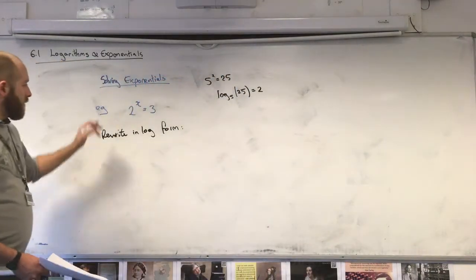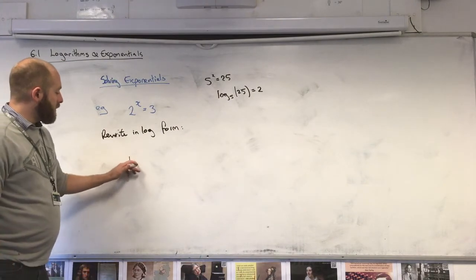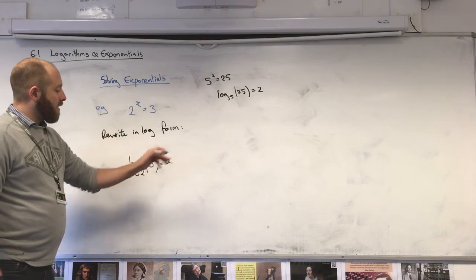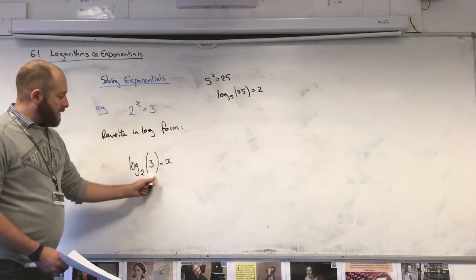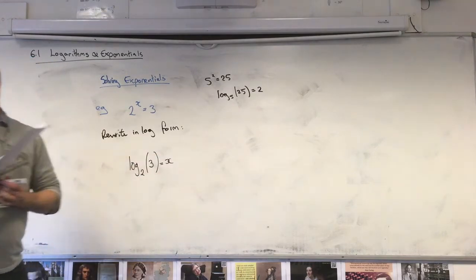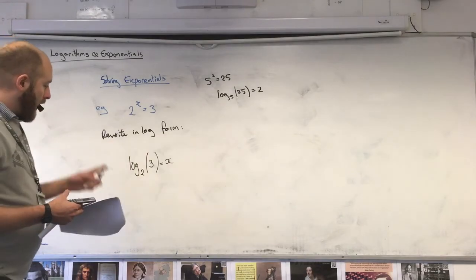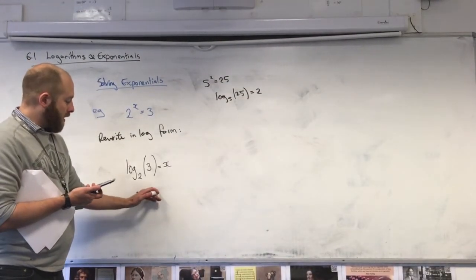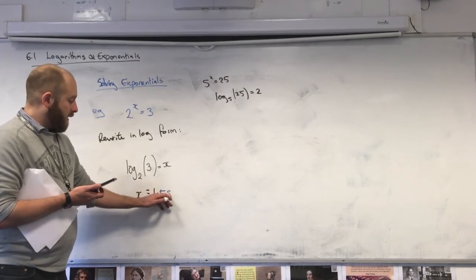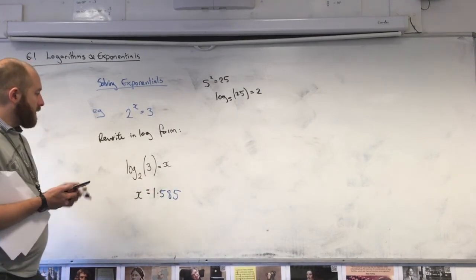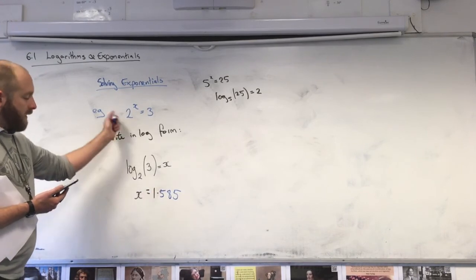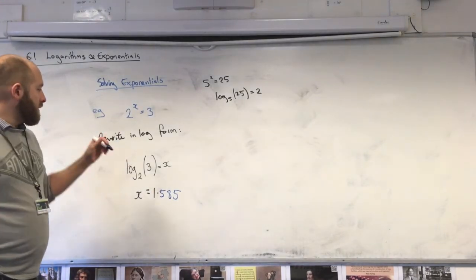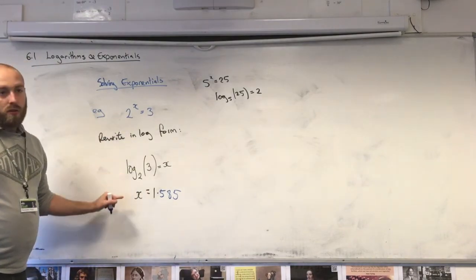So if we rewrite this in log form, we get log to the base 2 of 3 equals x. We can just type log base 2 of 3 into a calculator, and we get x equals 1.585. So 2 to the power 1.585 should give us about 3. So that's again one of the skills you're going to need: rewriting something in log form in order to solve it.